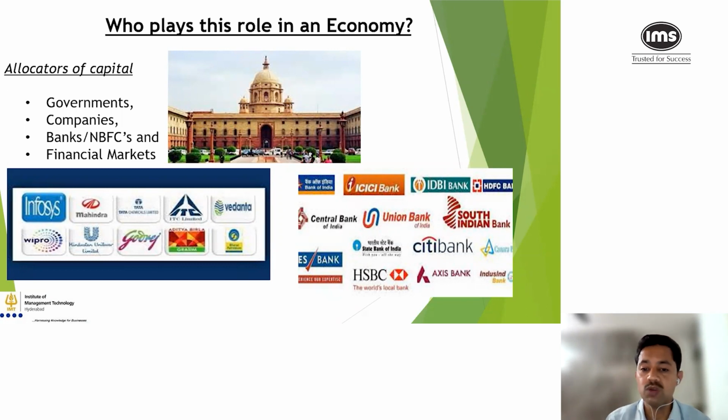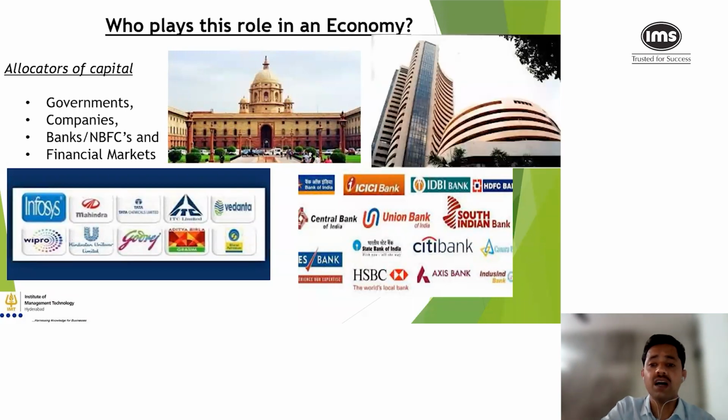What we'll do now is understand, first going with companies, what are the roles of a finance professional in companies, and what are the basic skill sets required for those roles. After that, we'll move to banks, and then finally to financial markets.